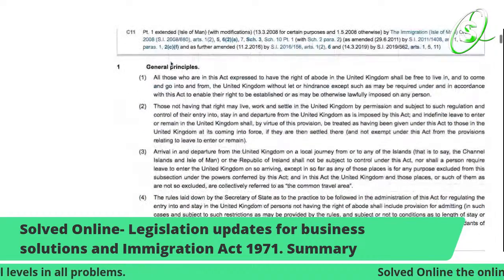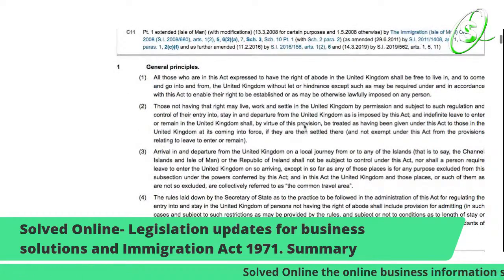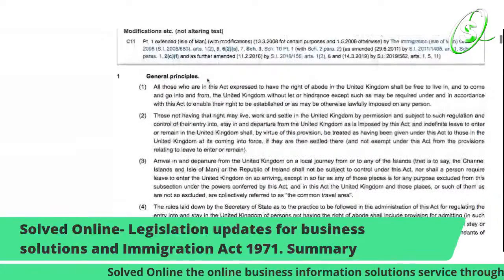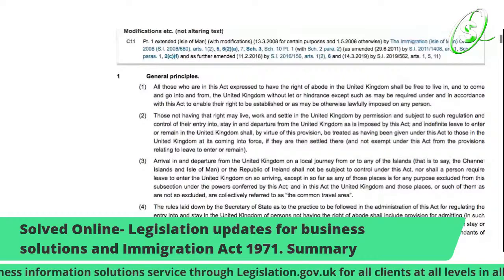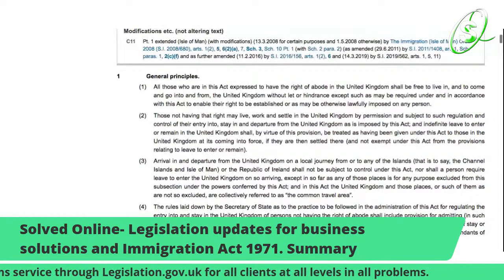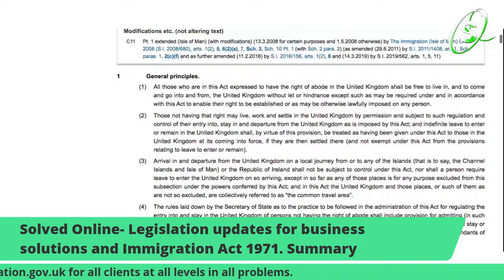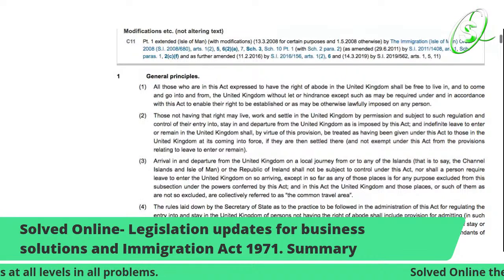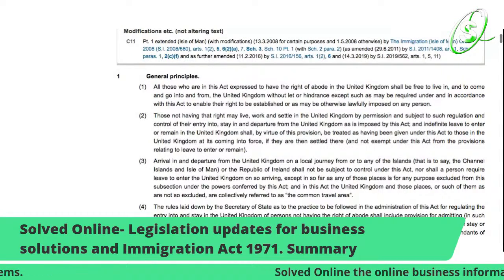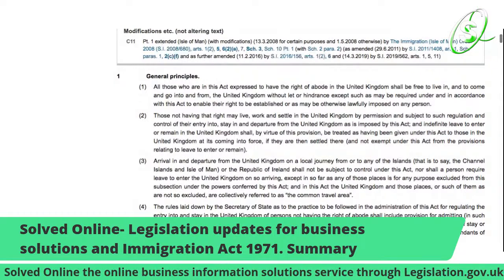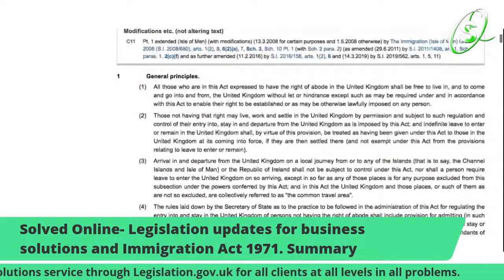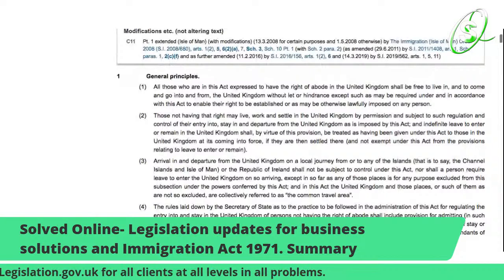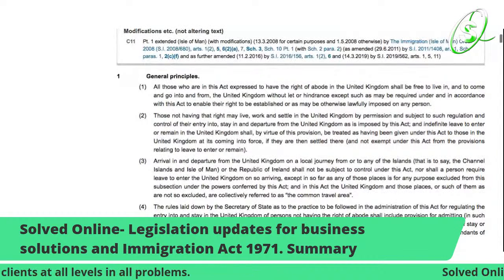So the first one, the principles are the main thing, general principles. So all those who are in this act expressed to have the right of abode in the United Kingdom shall be free to live in and to come and go into and from the United Kingdom without let or hindrance, except such as may be required under and in accordance with this act to enable the right to be established, or as may be otherwise lawfully imposed on any person.